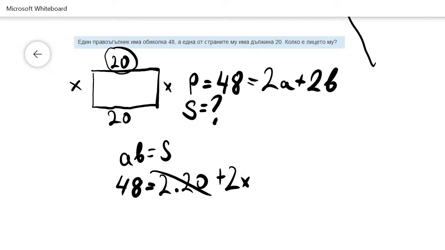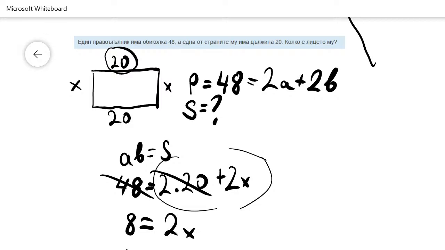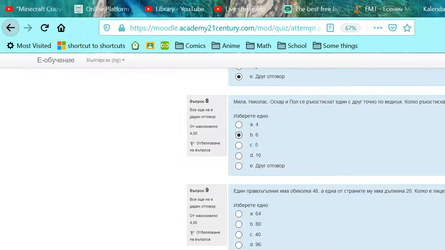We can subtract 40 from 48 and from this equation, and we have 8 is equal to 2x, x is equal to 4. So x is equal to 4, and S is equal to 4 multiplied by 20. That's equal to 80. So we have answer 80.